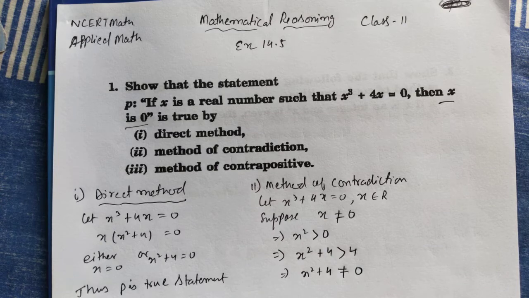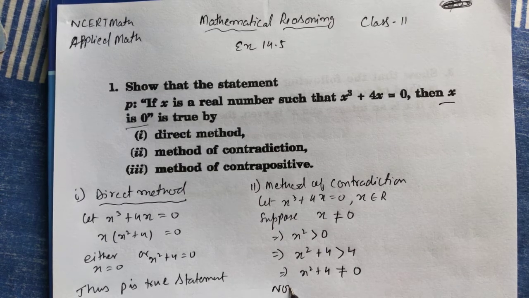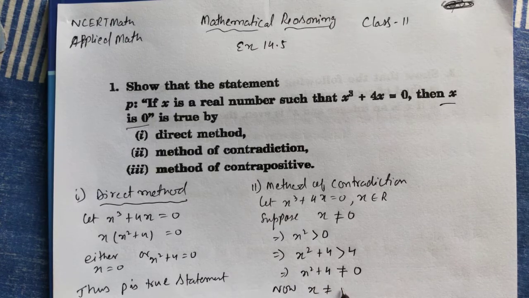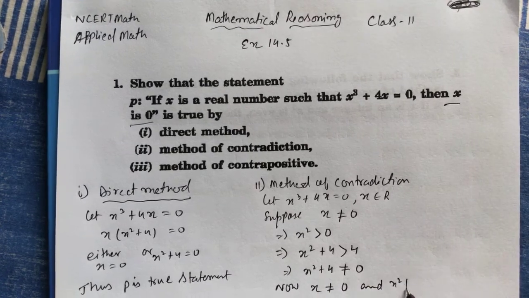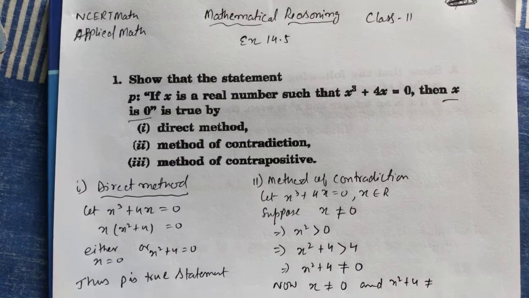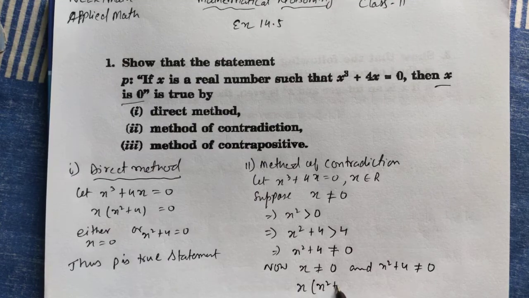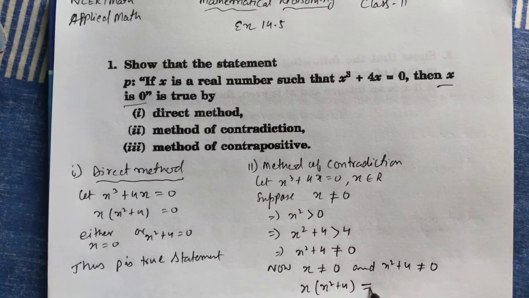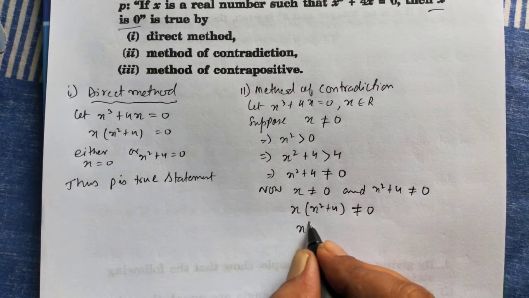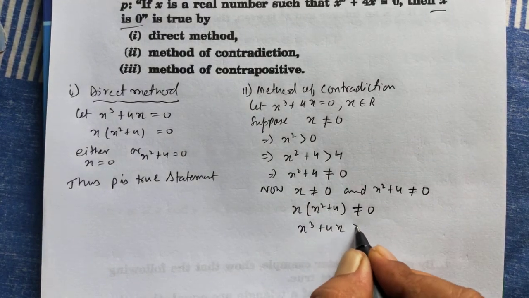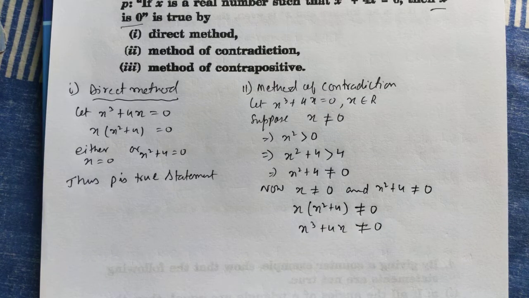So now we know that x is not equal to 0 and x squared plus 4 is also not equal to 0. That means the product also will be not equal to 0. If I multiply, x cubed plus 4x is not equal to 0, which is a contradiction.